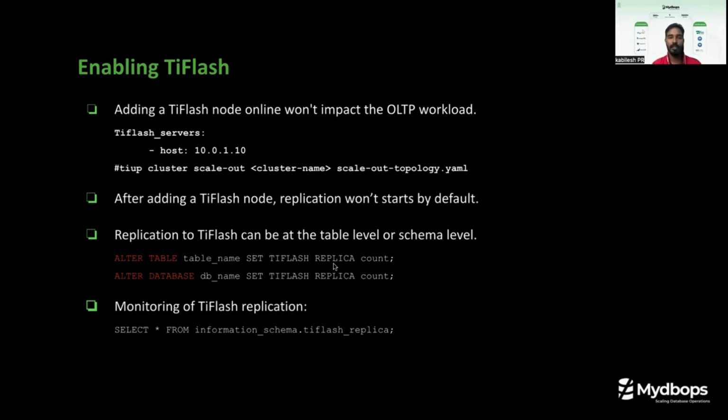If it is 0, it is deleted. Starting from 1, it will automatically sync the data from the existing TiKV for this particular table into TiFlash. You can also set it at the database level with alter database name, so all the tables within it get replicated. And you can monitor the replication of TiFlash with the table information_schema.tiflash_replica.